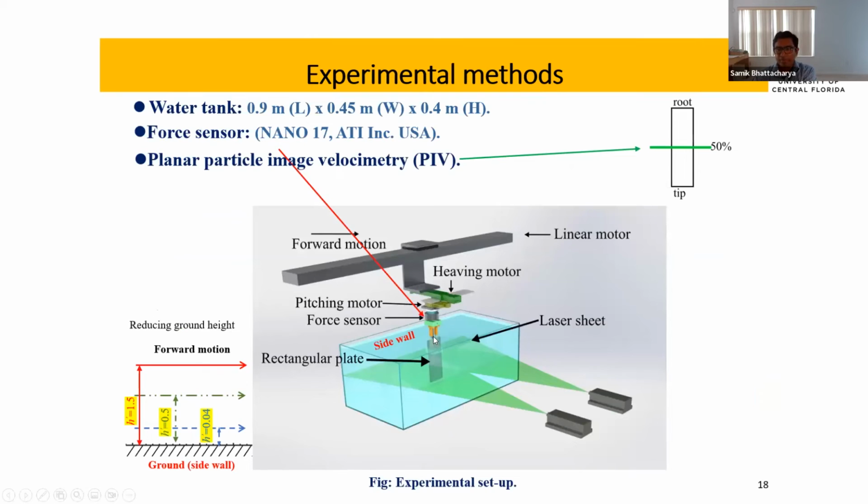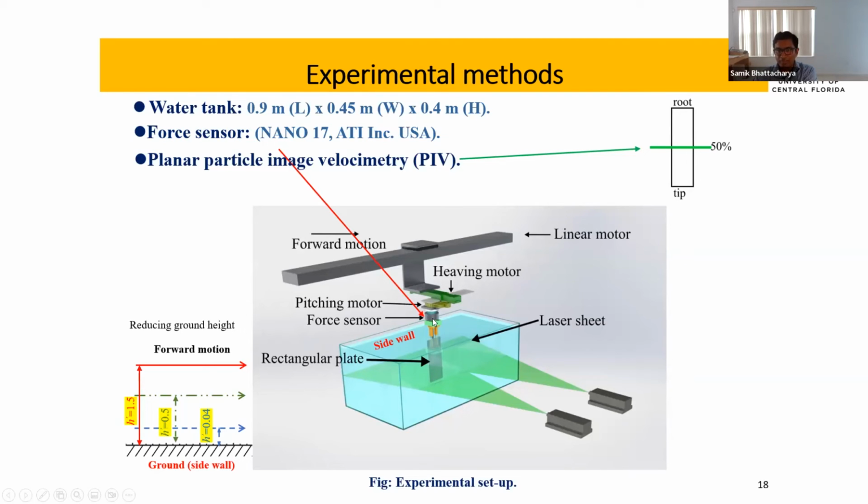So again, very similar type of experiment. We perform the experiment in water. Now the reason is that water gives us the ability to get very high quality optical flow field data. And if we are able to match the Reynolds number and the reduced frequency, then we can get similar results as in air.